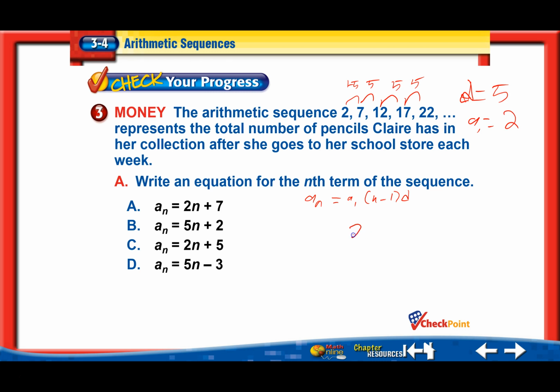So let's put that in there: 2, and then n minus 1 times D, which is 5. We're going to distribute, so that would be 5n minus 5. 2 plus 5n minus 5 gives us 5n minus 3. I like it when it works.